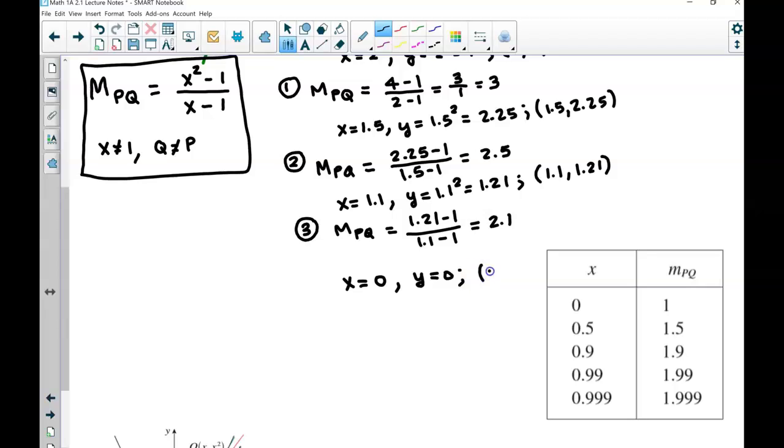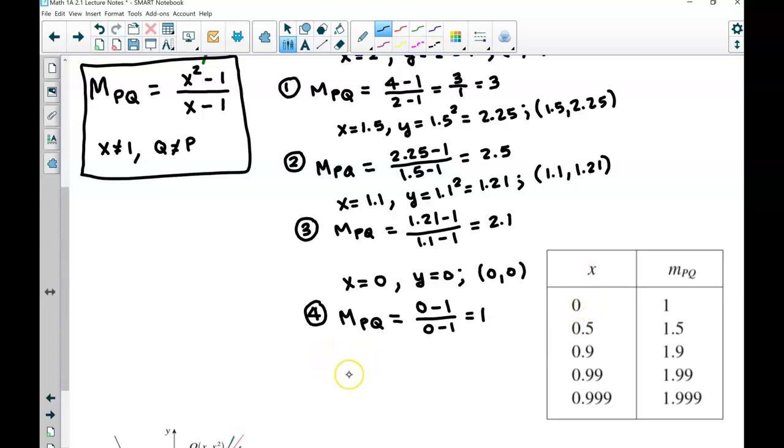So you're going to have the ordered pair 0, 0. So let's find the slope of that. Finding the slope using those 2 points is going to be 0 minus 1 over 0 minus 1, which gives you a positive 1. So you can see what happens with the slope when the value of x is 0.